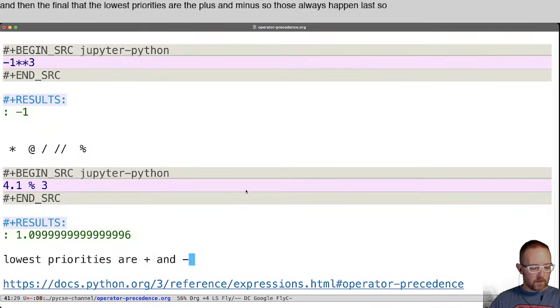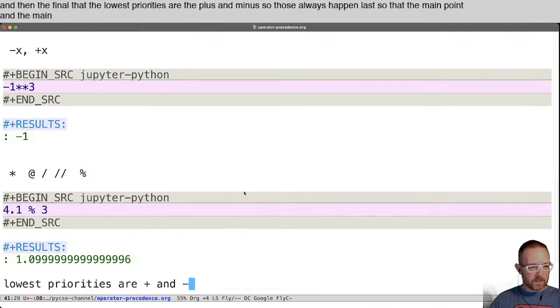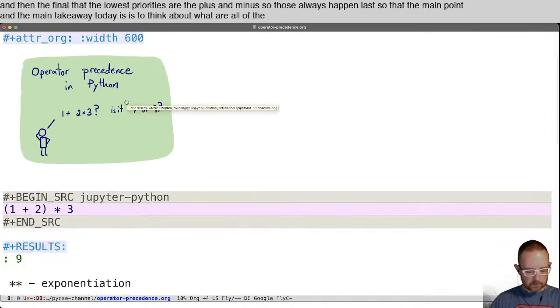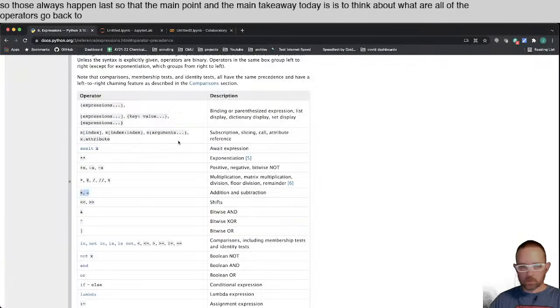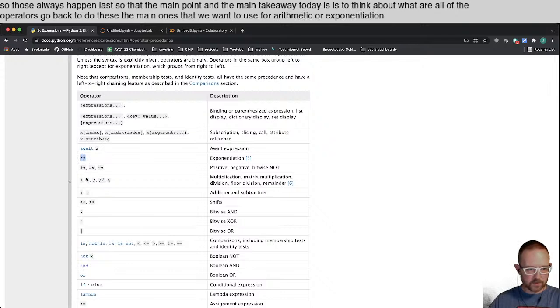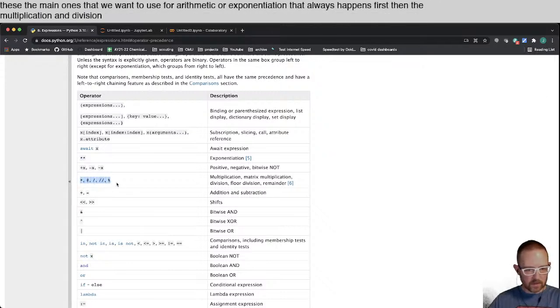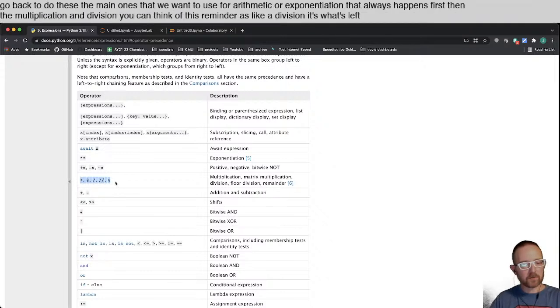The main takeaway today is to think about what all of the operators are. Let's go back to these. The main ones that we want to use for arithmetic are exponentiation. That always happens first. Then the multiplication and divisions. You can think of this remainder as like a division. It's what's left over after division.